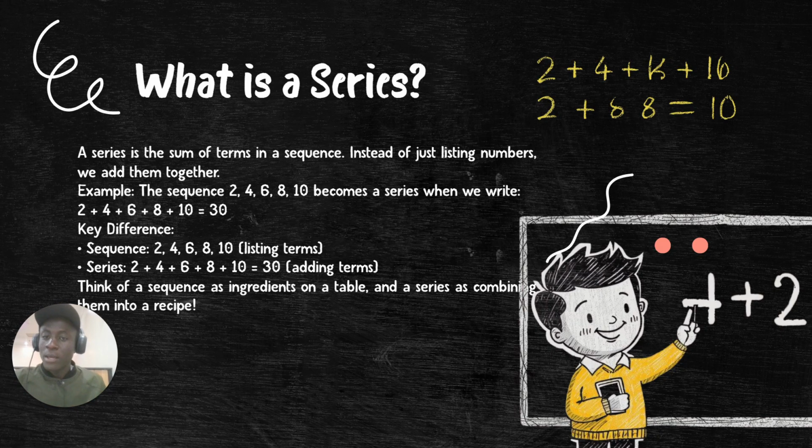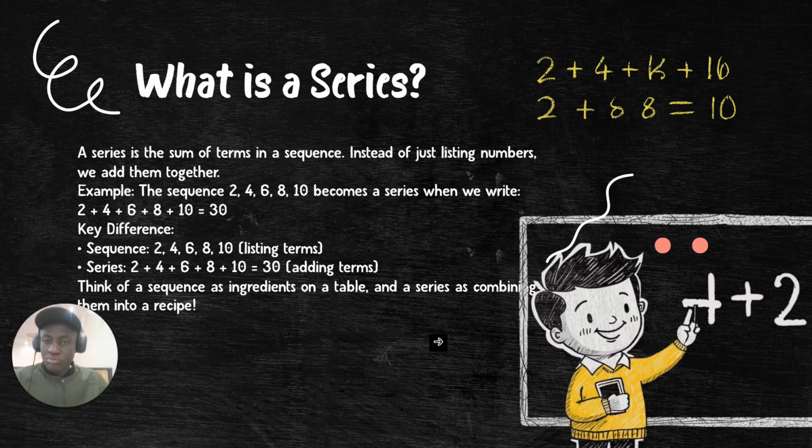But a sequence becomes a series when the terms are added. As you can see at my arrow, 2 plus 4 plus 6 plus 8, all those, is now a series because the terms of the sequence are added. A sequence is listing, but the series is the summation of the whole sequence.